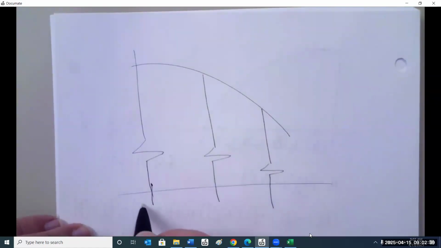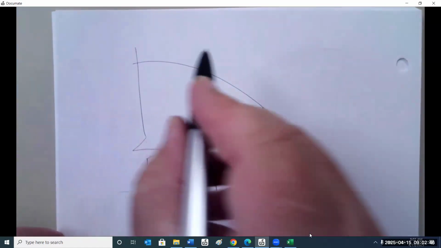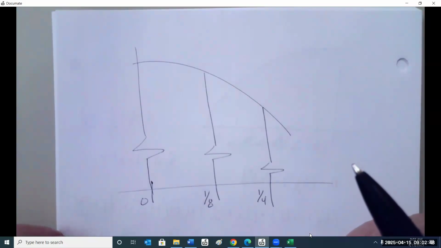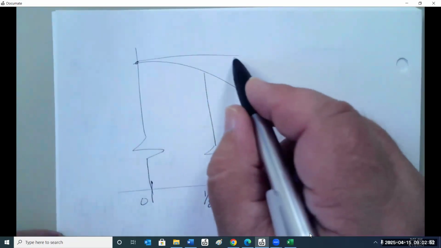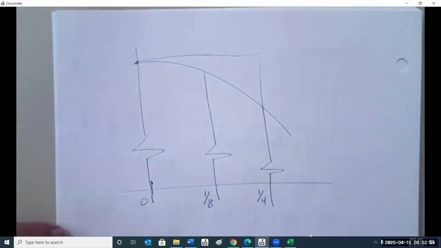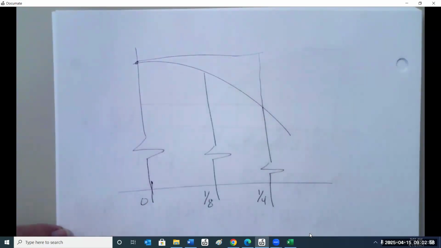So this is our 0, this is our 1/8, and this is our 1/4. If we use the lower bound, we have that big area there. All that's wasted. If we use the lower bound, all that's missed.